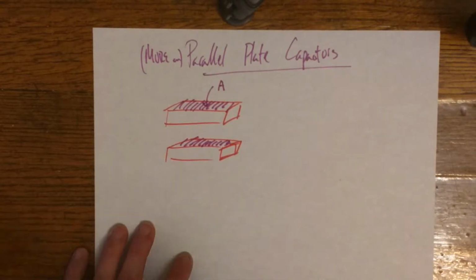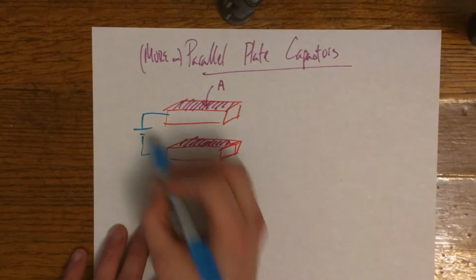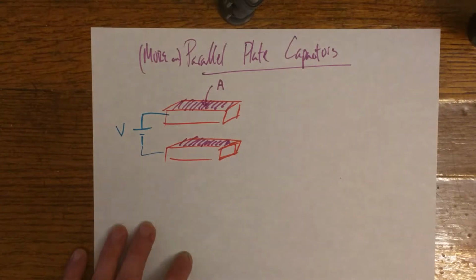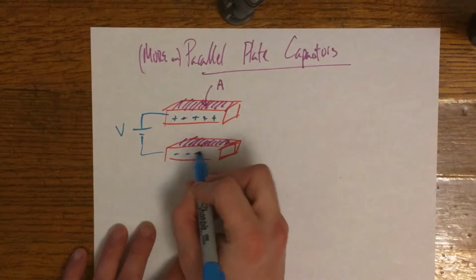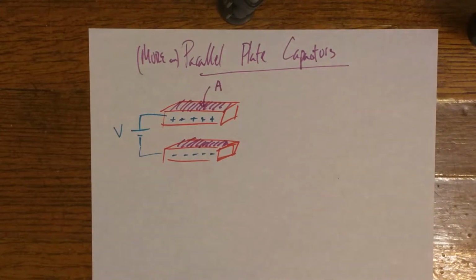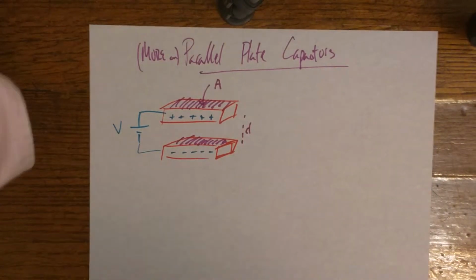Let's hook this up to a battery. Why don't we? So this is a voltage source, and we'll get a bunch of positive charges on this plate and a bunch of negative charges down here. Okay, and all of this is separated by a distance d.